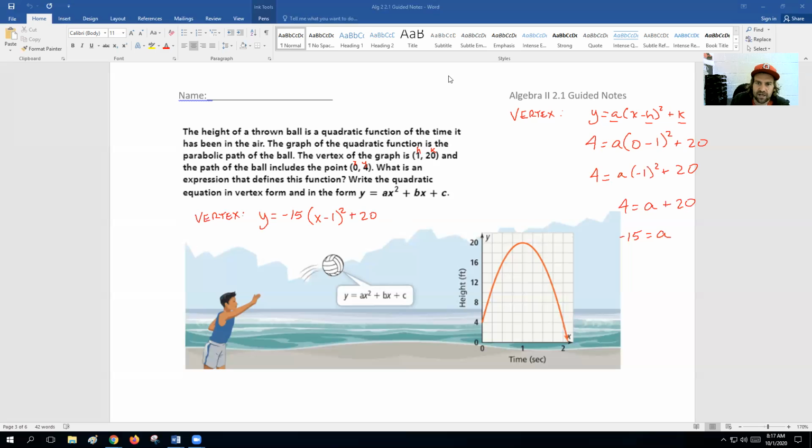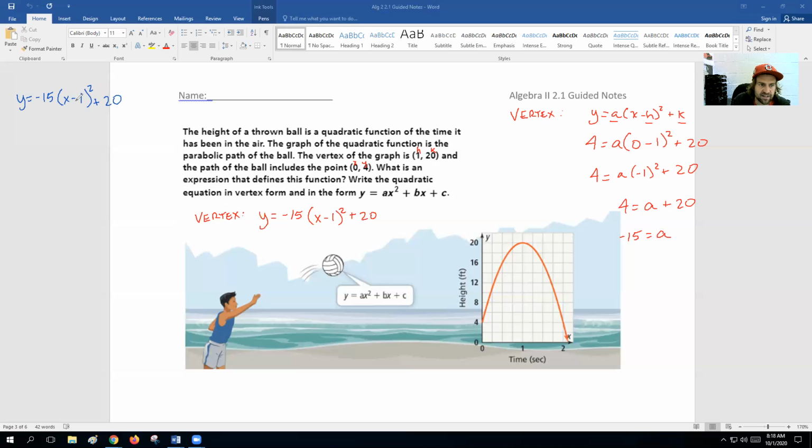Okay, now the question is, how do we get it into the generic form, y equals ax squared plus bx plus c? Well, if you just notice, there are parentheses, so what we're going to do is distribute this and solve. If I have y equals negative 16 times (x minus 1) squared plus 20, what I'm first going to do is take care of the square.